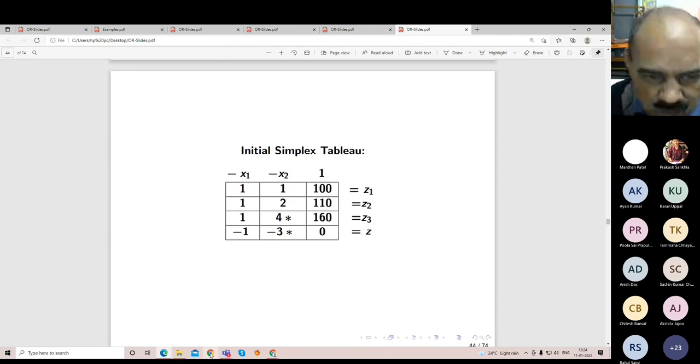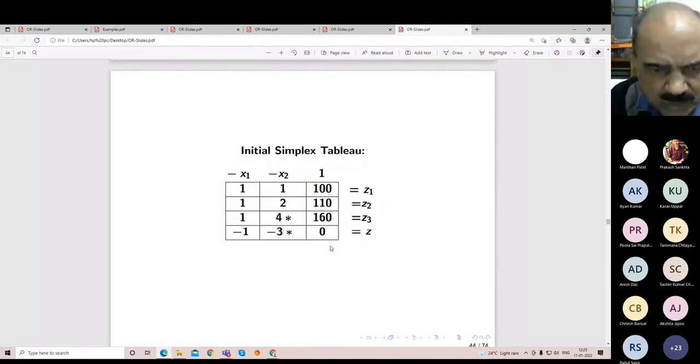So see, how many columns do we have here? First column with respect to x1, second column with respect to x2, the third column is the constant right hand side value 100, 110, 160.